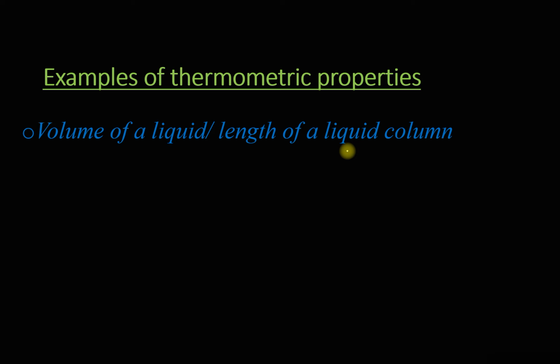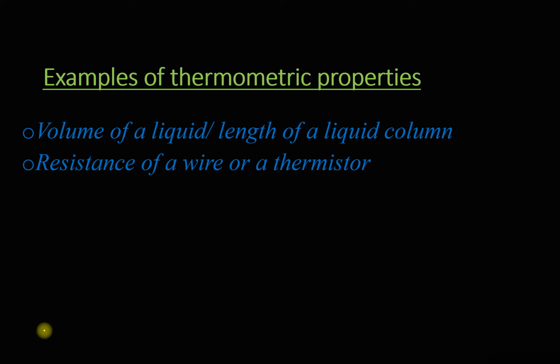Number two, we have what we call the resistance of a wire or a thermistor. Of course, we know that for a thermistor, the resistance decreases when temperature increases. That is what we call a negative coefficient thermistor. So because the temperature is causing the resistance to change, it means the resistance is a thermometric property because it varies with the temperature.